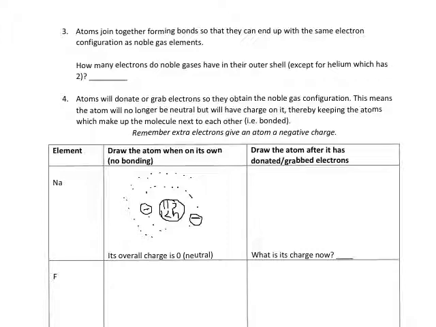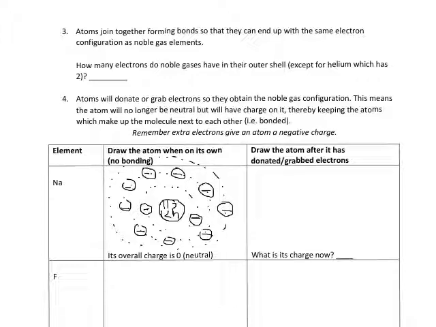Look at the L shell drawn here. 3, 4, 5, 6, 7, 8, and then in the next shell, which is the M shell, there's just 1 electron.